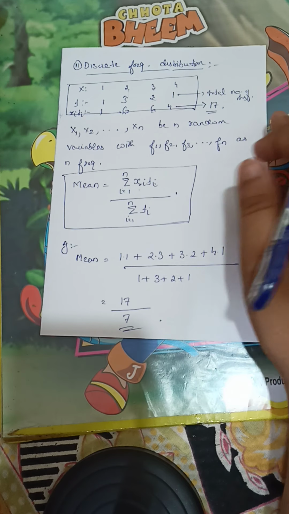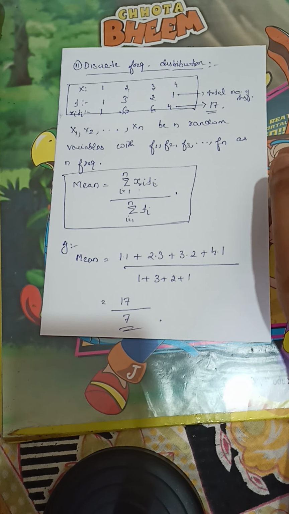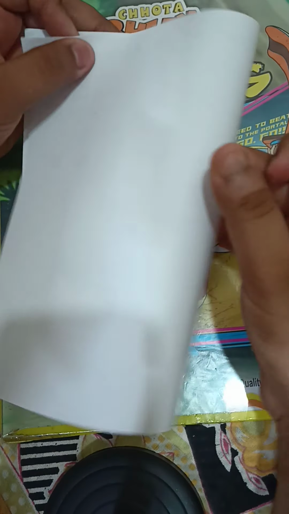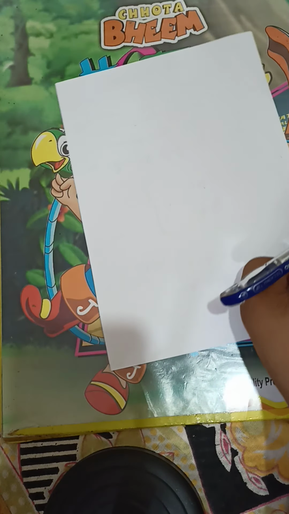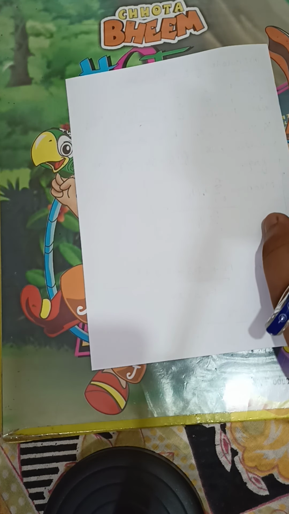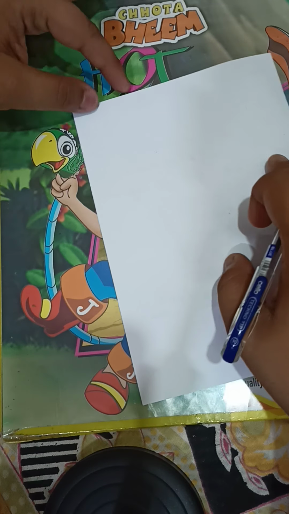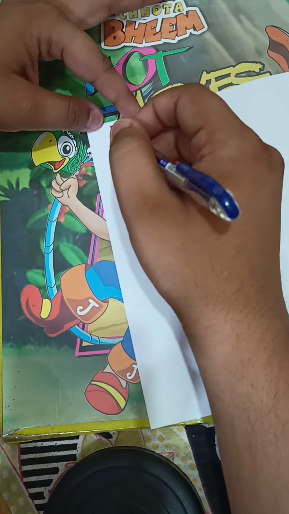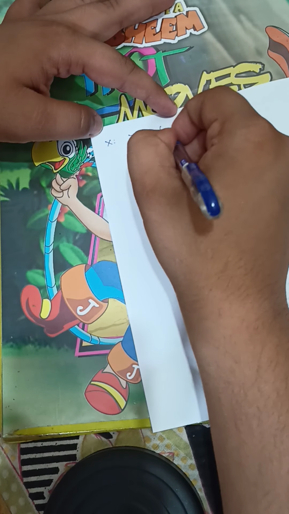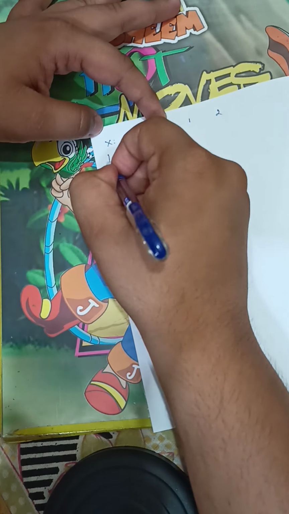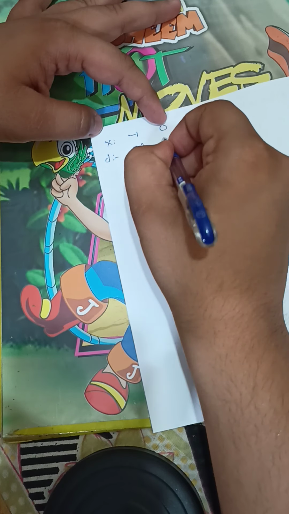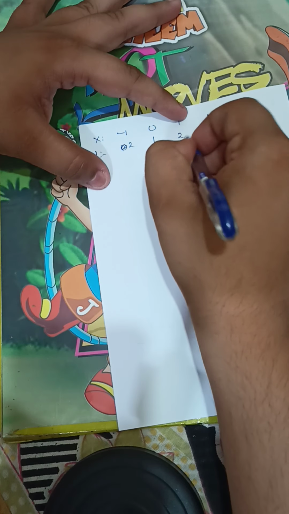discrete frequency distribution. So I will consider one more example. Suppose I have another example where x takes the values minus 1, 0, 1, 2 with corresponding frequencies 2, 1, 2, 1.